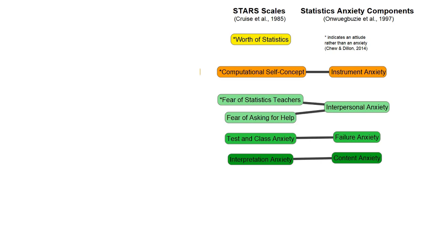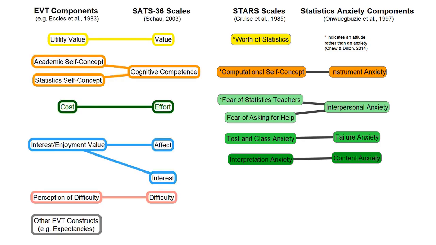What I did is I went through the definitions of these constructs and compared them to the EVT and the SATS 36 constructs and color coded them to indicate similarities. It seems that the worth scale and the value scale are both assessing utility value, and computational self-concept and cognitive competence are both types of self-concept in EVT.